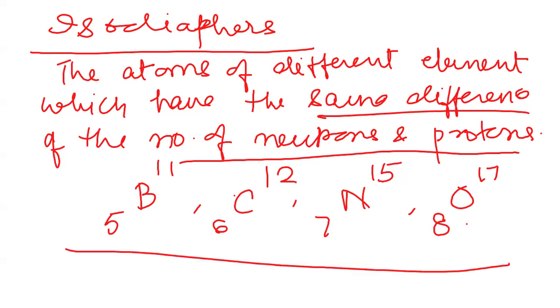For boron, it will be 1 since 6 minus 5. In carbon, it will be 0 since 6 minus 6. In nitrogen, it will be 1 since 8 minus 6. Listen, we have to find the difference between neutrons and protons.